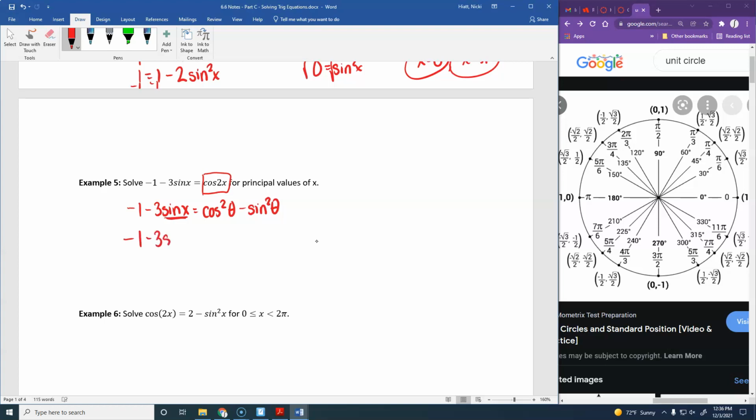So we are going to do 1 minus sine squared theta minus sine squared theta, which is going to give me 1 minus 2 sine squared theta. What comes next?